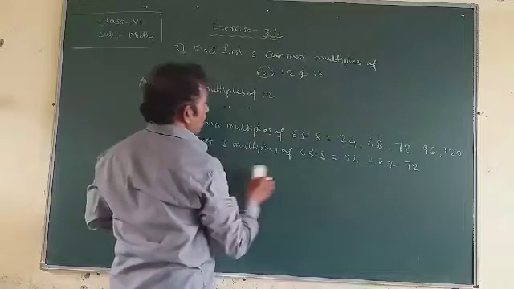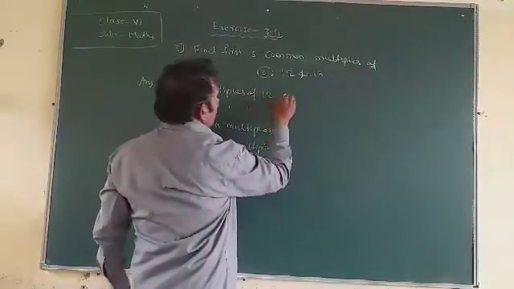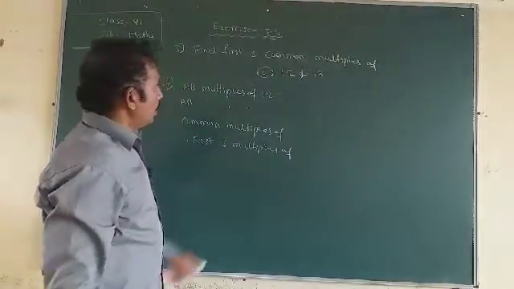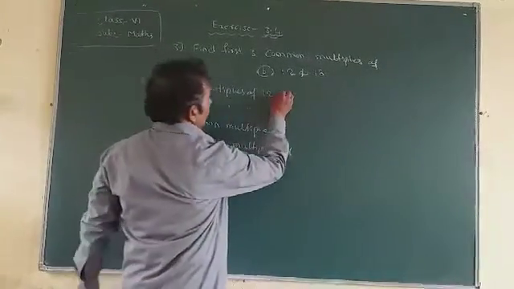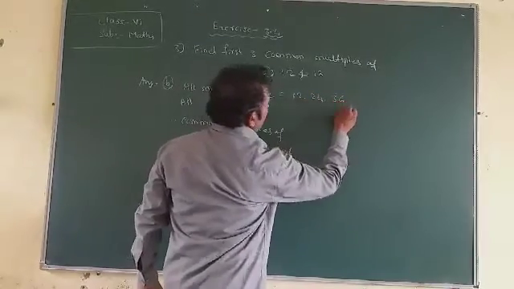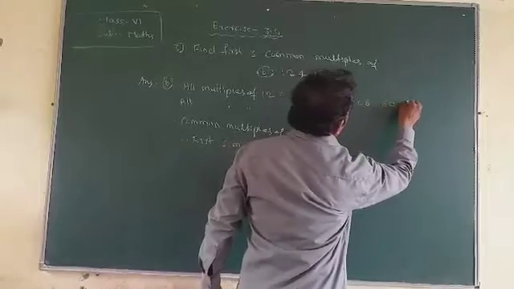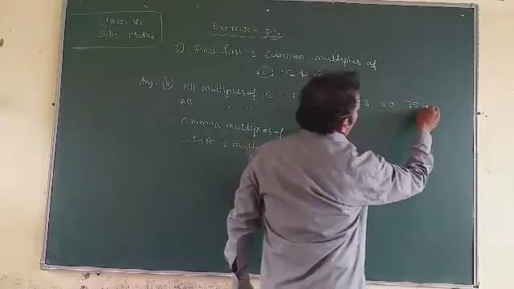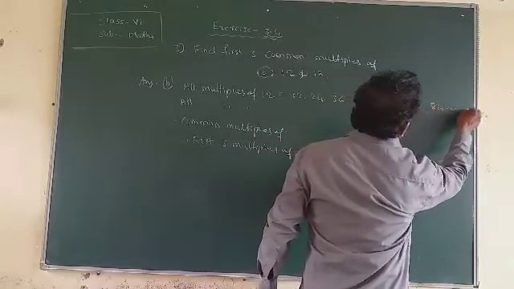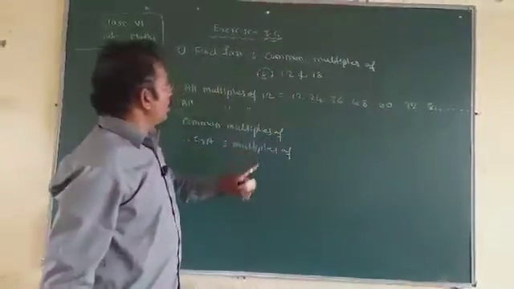All the multiples of 12 is equals to, write the 12th table: 12, 24, 36, 48, 60, 72, 84, like this. All these are the multiples of 12.